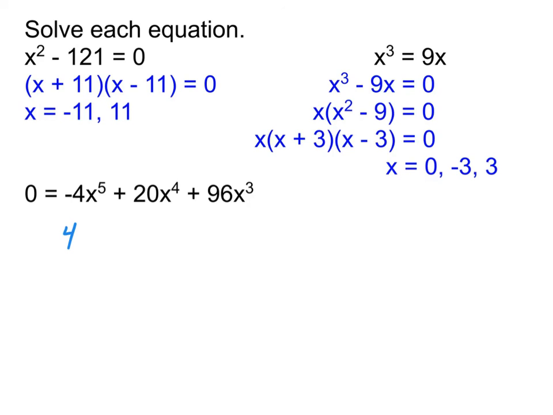How many x's can I pull out of every term? 3 of them, yeah. So I can pull out 4x cubed. But if I pull out 4x cubed, I'm going to be left with a negative x squared. And then I'm going to have to work with that. So I'm going to tweak this just a little bit. I always like to be starting with a positive. And so I'm instead going to factor out negative 4x cubed.